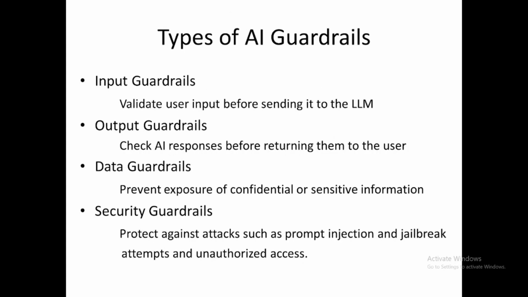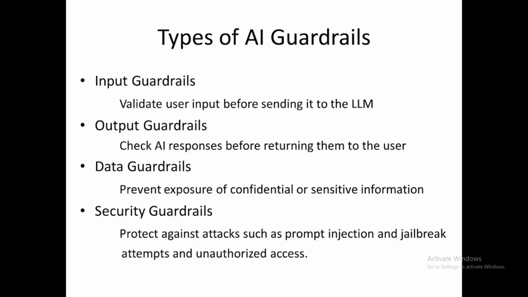Now let's come to the next part. Types of AI guardrails. Usually there are different types of AI guardrails available, but the four most important types are: input guardrails, which validate user input before sending it to the LLM.